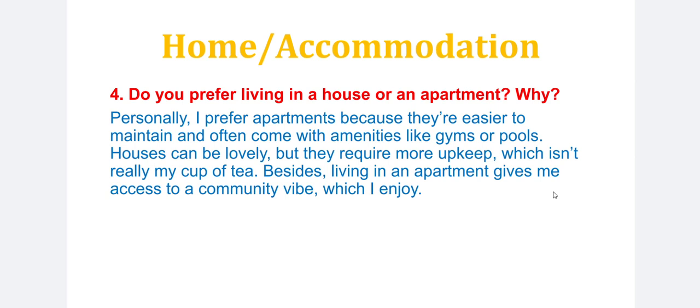Like, you can get privacy in houses. In an apartment you usually have shared walls or shared balconies or gardens or terraces, but in your house you can get your own personal space that's missing in the apartment. I hope it is clear. So whatever your preference is, you can talk about that and expand on it.